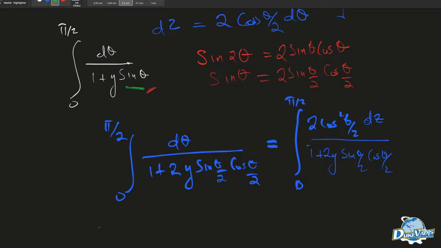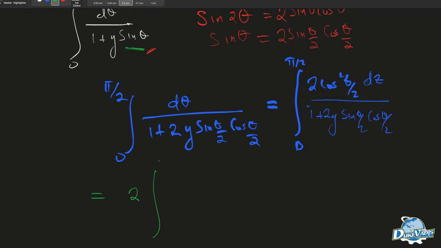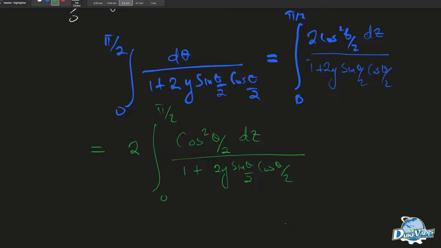I'll bring the 2 out, so 2 times the integral from 0 to pi over 2 of cos squared theta over 2 dz all over our expression 1 plus 2 sine theta over 2 and cos theta over 2. So we're going to factorize cos squared theta out.